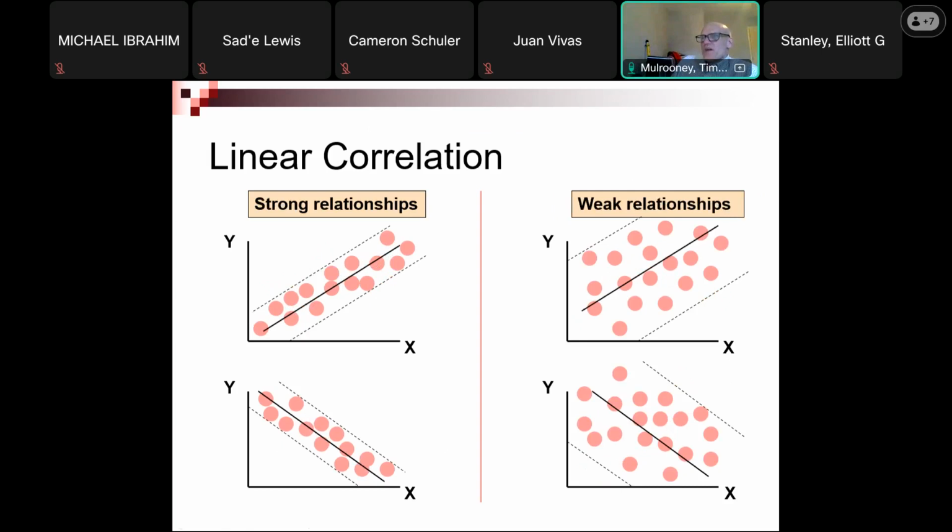And so we have a much better line of best fit, and what we call an R squared, goodness of fit, attached to this when the points are closer together as opposed to when they're further apart. And so we're going to talk about a measure called R squared, which addresses that. So you can see this in the positive direction, and you can see this in the negative direction. So the positive y and the negative y here.